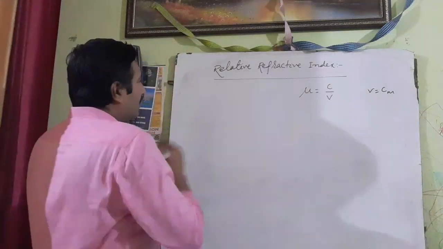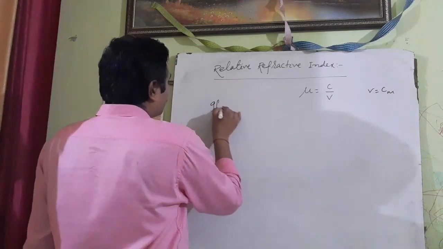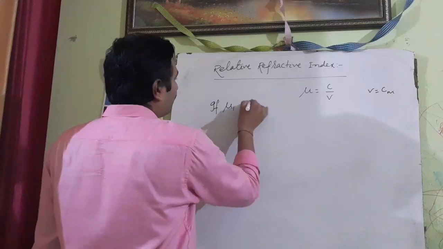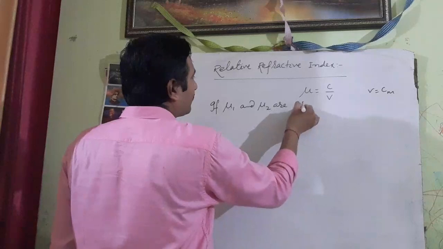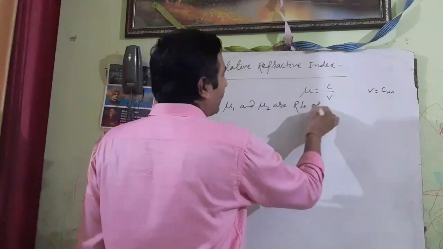Suppose mu1 and mu2 are refractive indices of two media.